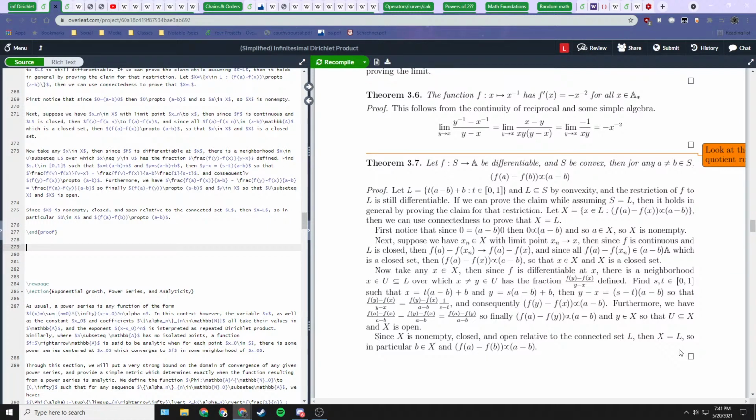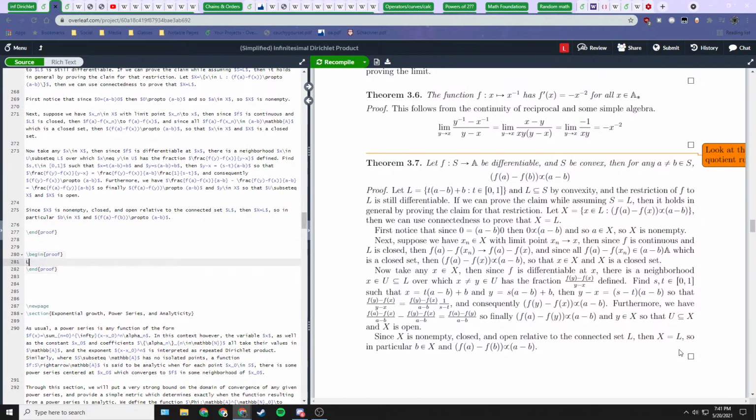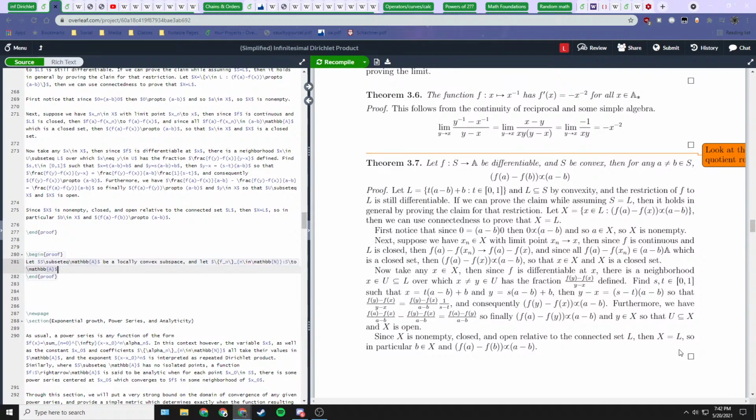Okay, so let S be a subset of A, a locally convex subspace, and we can say let f sub n be a sequence of functions indexed by naturals mapping S to our space B, actually let's do this, we'll just do it easy, be convex.